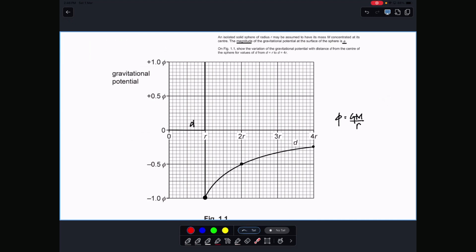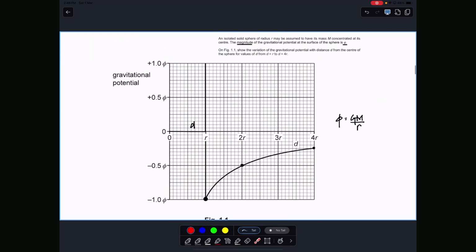Okay, they allowed plus phi as well, I believe because phi was given as a magnitude, it could confuse students. But yes, we know it should be negative. Passing through 0.5 and 0.25 is the important part, and showing the potential is negative throughout.